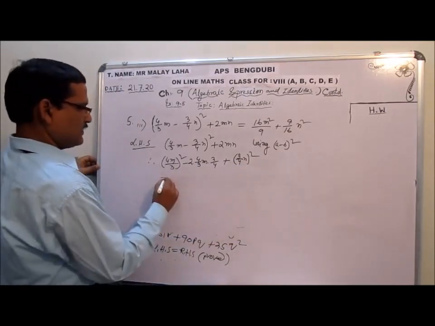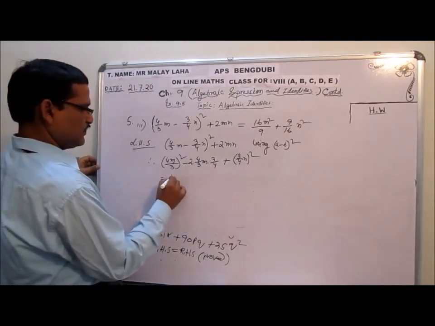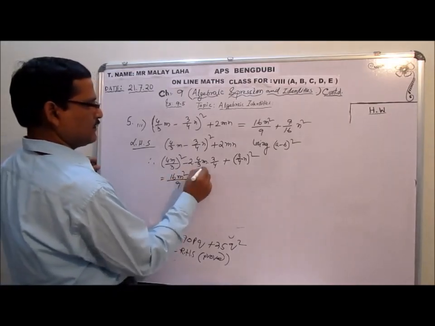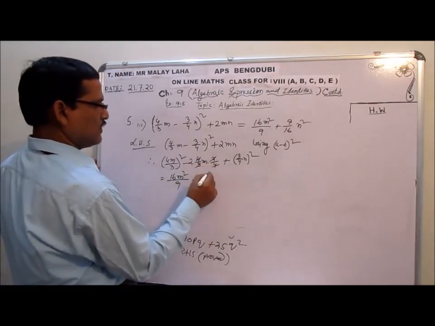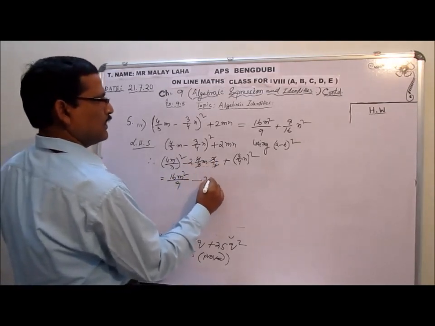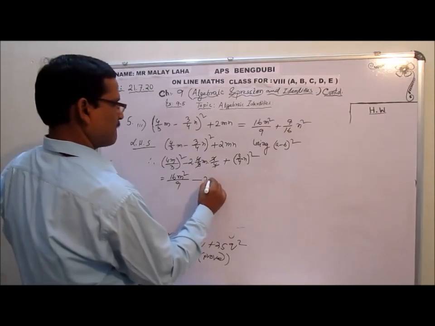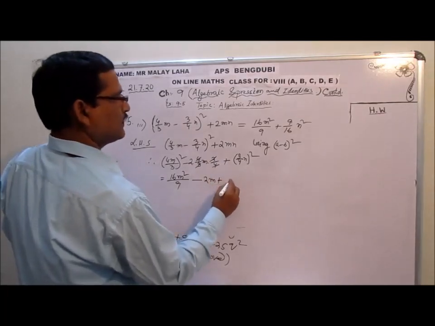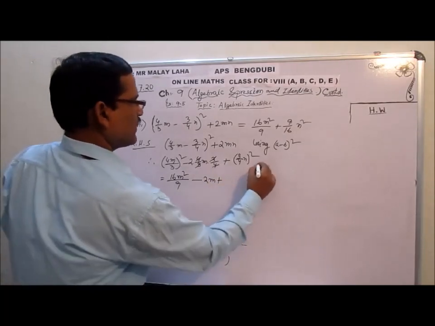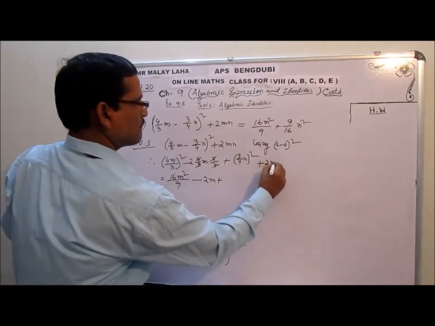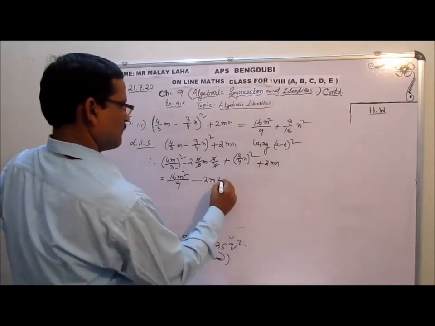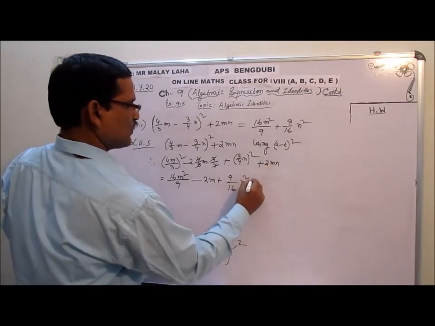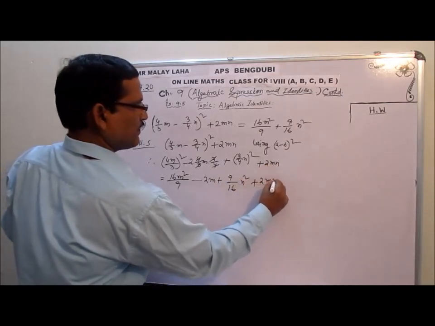Okay, what is the result? 4 4s are 16m square by 9, minus, 3 3s cut, 4 4s cut, then 2mn, plus 9 by 16n square, plus 2mn.